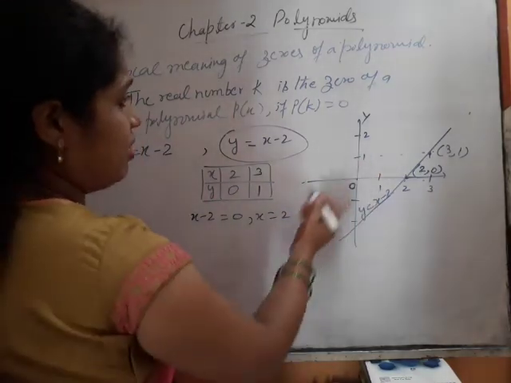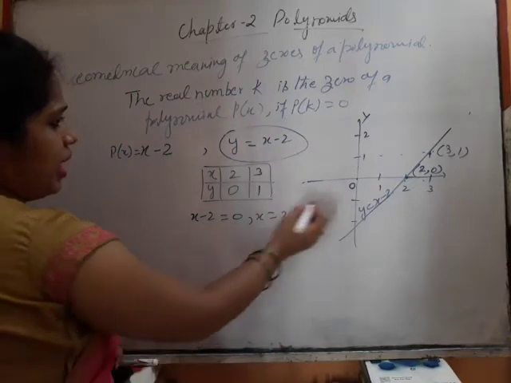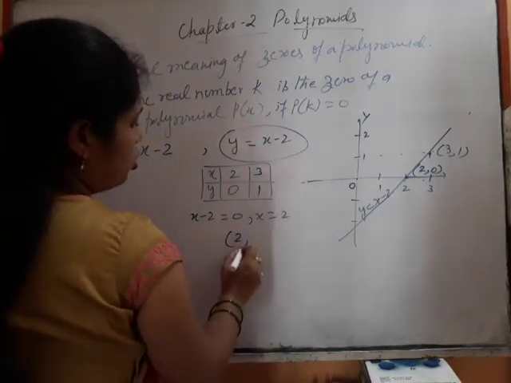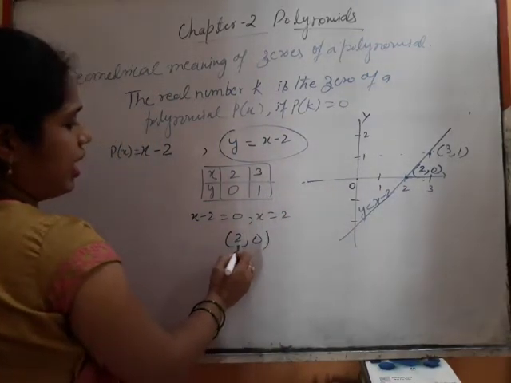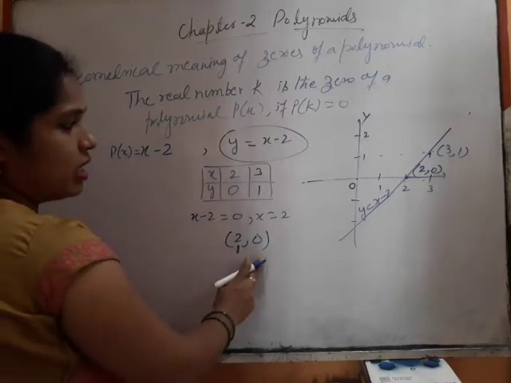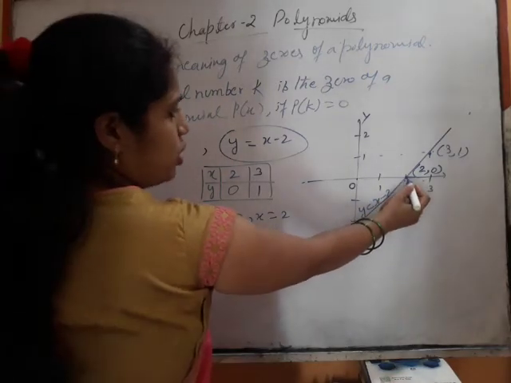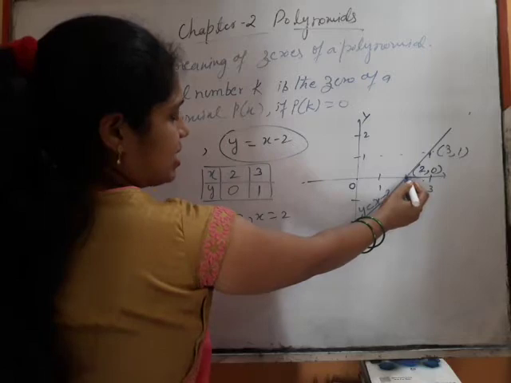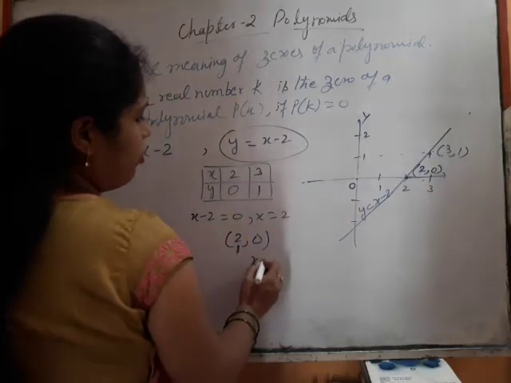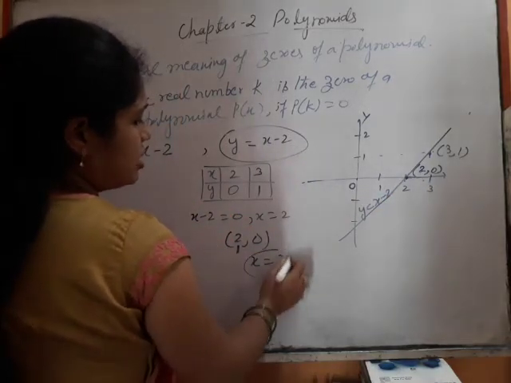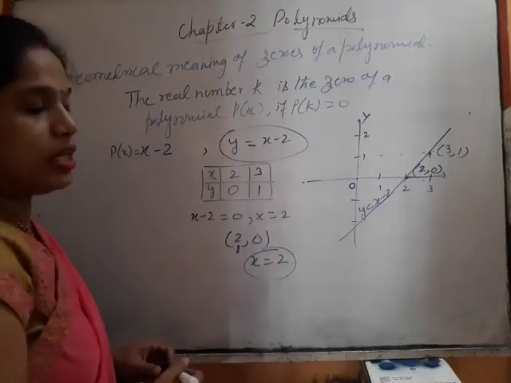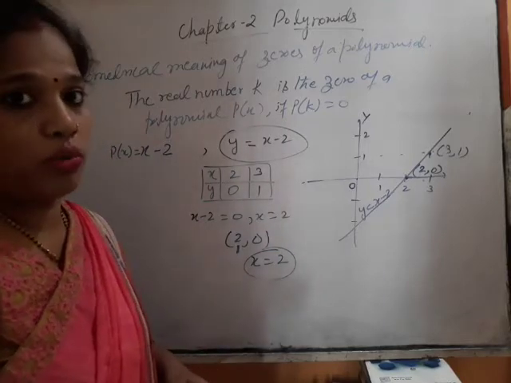Here it is lying at the point 2 and 0. This is the x coordinate of the point which is on the x axis, so the value of x is 2 and this is the zero. This is how we represent the zero of a linear polynomial.